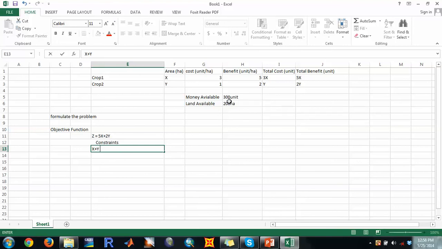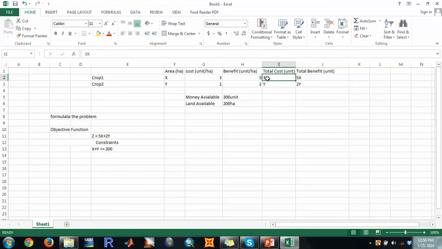So x plus y should be less than or equal to 200 hectares. And again you can look at the money available. The crops are going to cost 3x and y amount of money, and the only money you have is 300. So the cost of crop 1 and the cost of crop 2 should be less than or equal to this one.